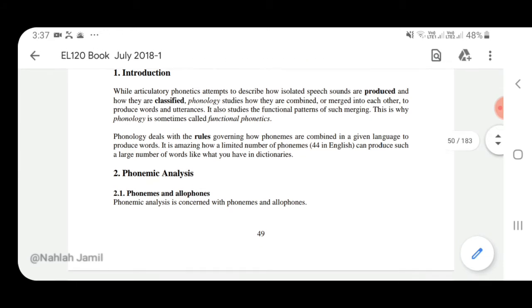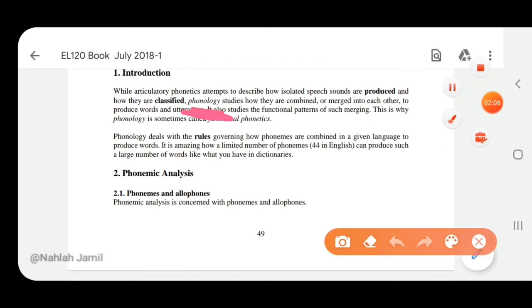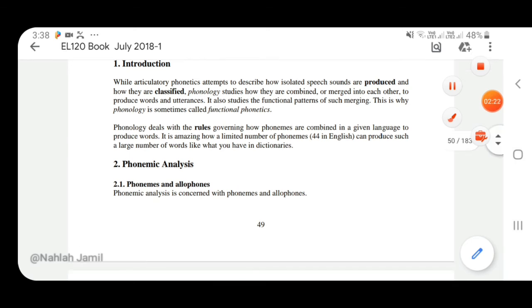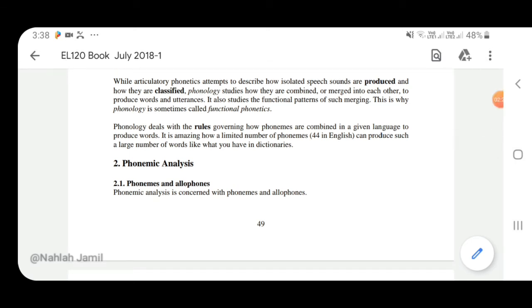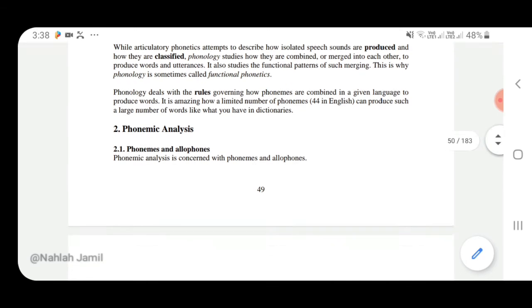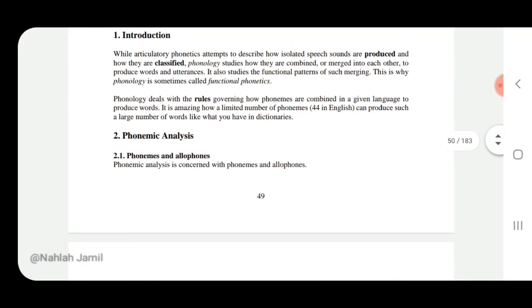Here in phonology, we are going to study how these isolated speech sounds are combined or merged into each other to produce words, utterances, or sentences.